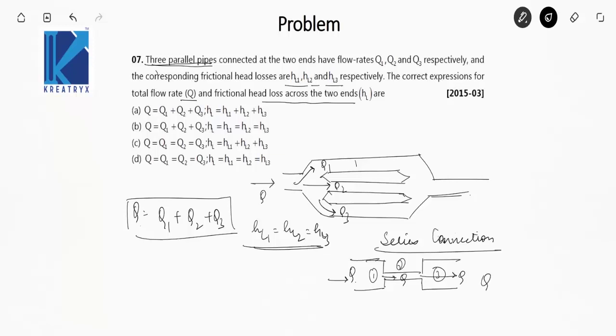So Q1 will be equal to Q2 equal to Q3, and the total head loss in this case will be HL1 plus HL2 plus HL3, where HL1, HL2 and HL3 are the frictional head losses in pipes 1, 2 and 3 respectively. So this is the series connection case. Next question.